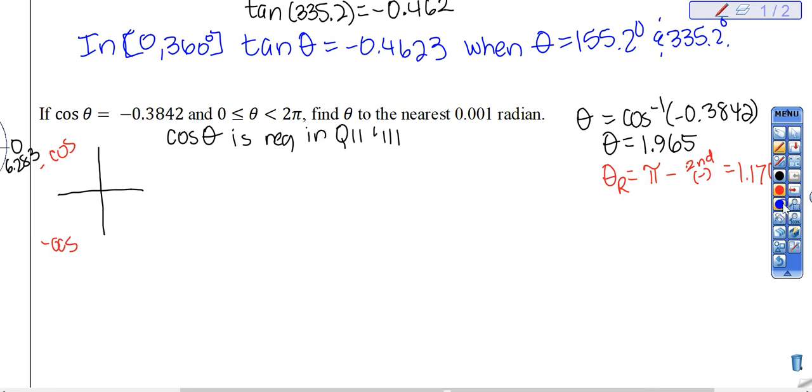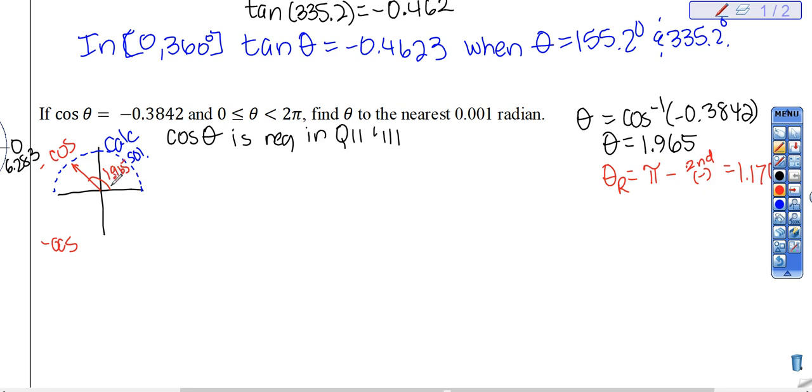But my calculator only gives me answers for cosine of theta in quadrants 1 and 2. So that's my calculator solutions. So where is my calculator giving me an answer? No, it has to be where they overlap. So in quadrant 2. So it's over here. Right? So this is 1.965 radians. It actually is that value.